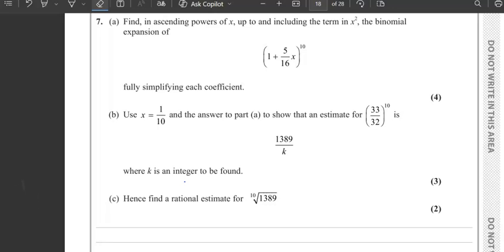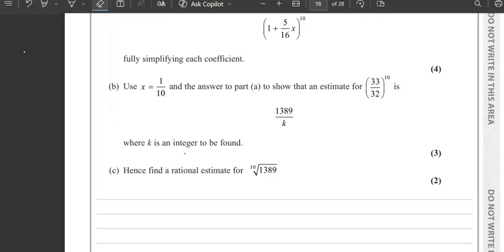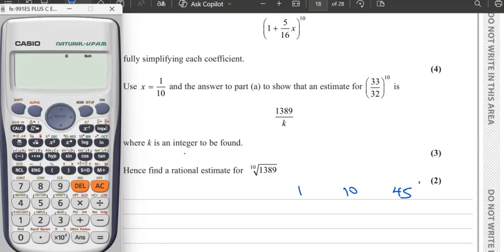Now we can start with part A of this question. First we can list the binomial coefficients. Of course, it will have 1, we have 10 and 45, or at times we can use the calculator to find the binomial coefficients.